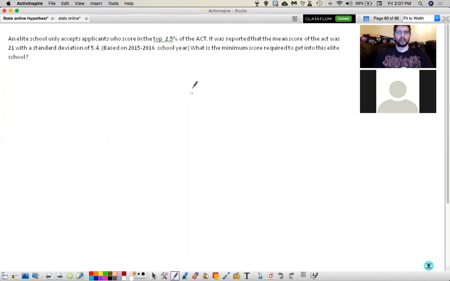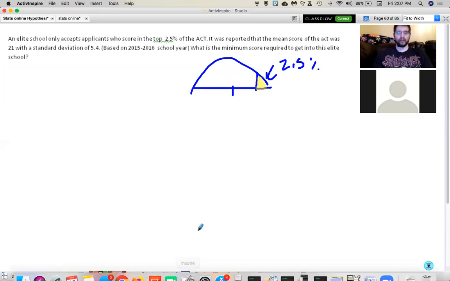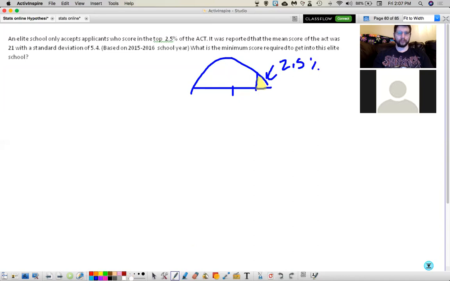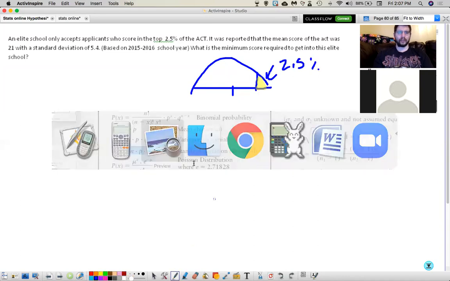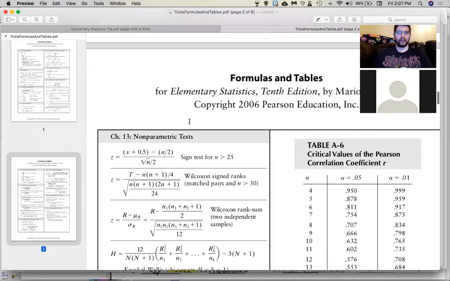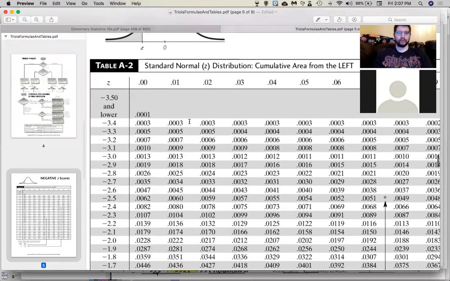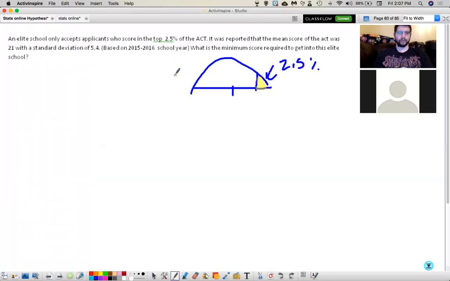Let's draw and see what's actually going on here. They take the top 2.5%. So if this is 2.5%, that's the right tail, is 2.5. 97.5 would be the left tail. That's the area to the left. And since the chart gives the area to the left, that's what we're going to be looking at. This is the Z score.